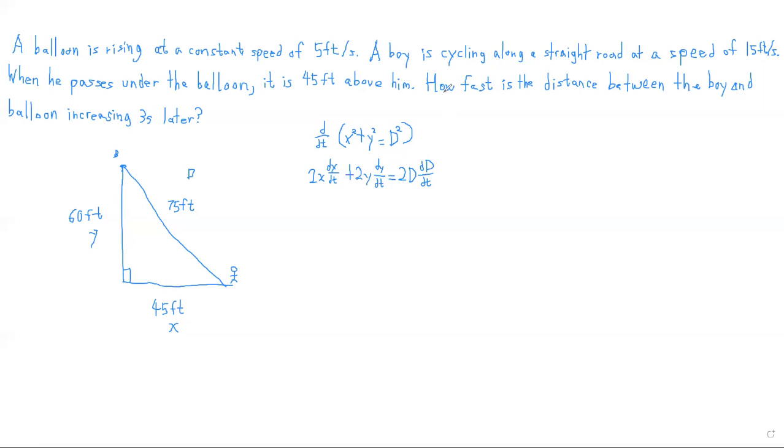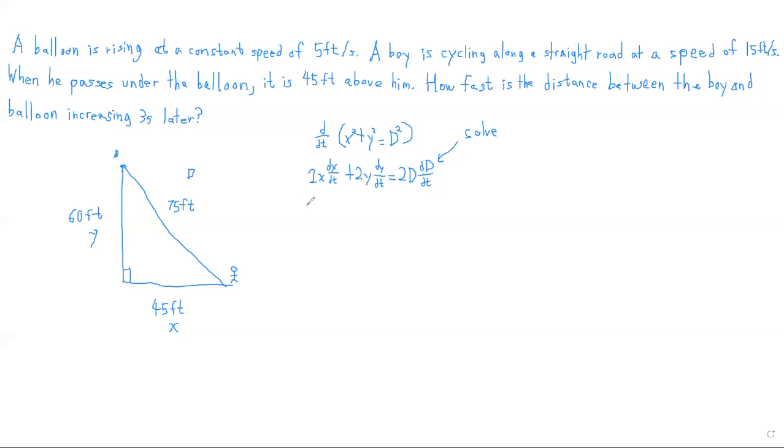And the question is, how fast is the distance between the boy and the balloon increasing 3 seconds later? So this is what we need to solve, dD/dt. But we know all the other variables, the values of them.